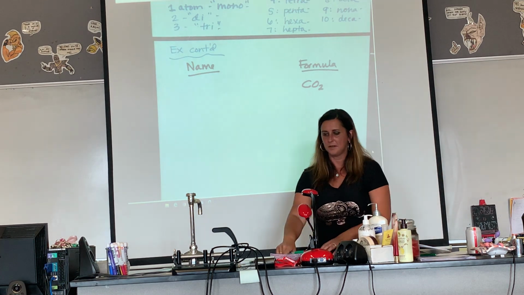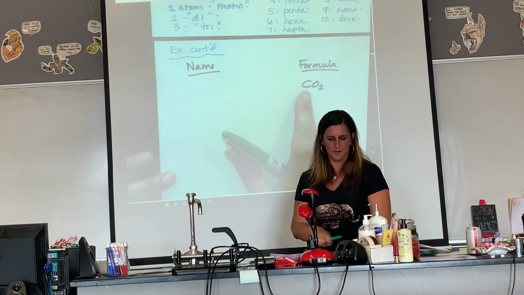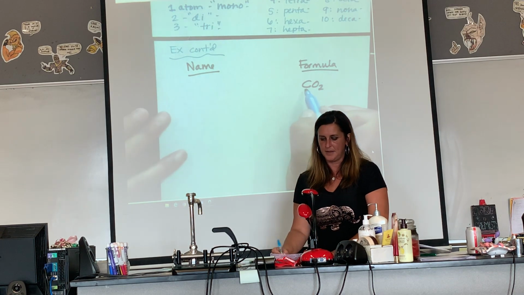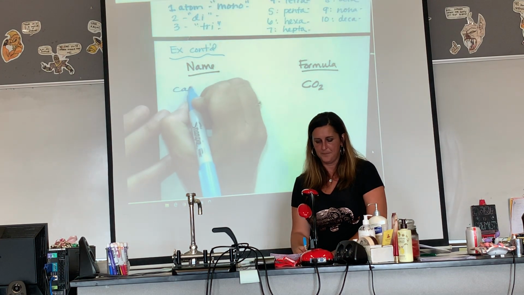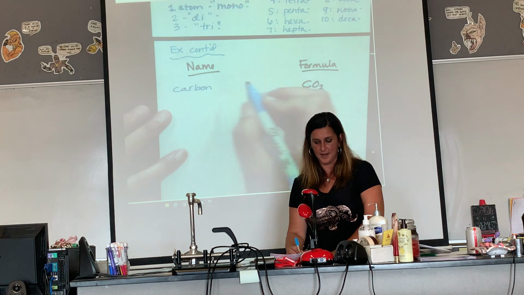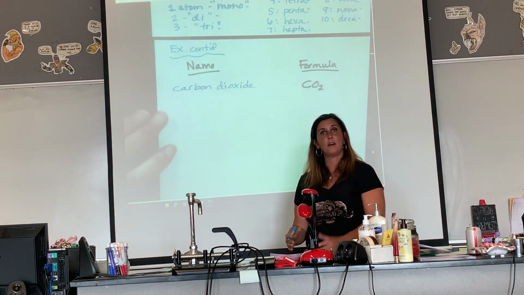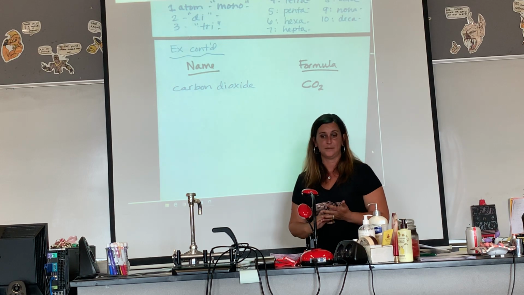Now, we have a singular carbon here, but remember that we never lead with the prefix mono. So in the name, we would just call that carbon. And then we would look and see here that there's 2 oxygens, so that would be dioxide. Because remember that the last element always ends in IDE.